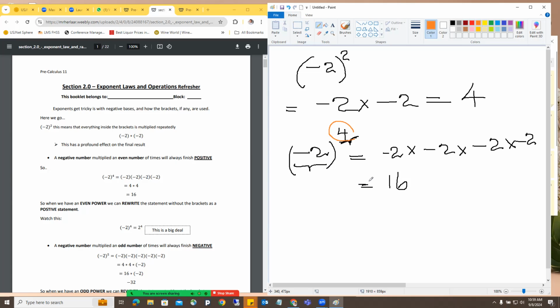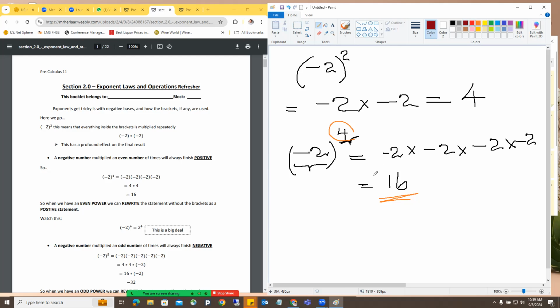So for this kind of scenario, we receive a positive number as the final answer. That is something you already know. So when we have an even power, we can rewrite the statement without the bracket as positive statements.